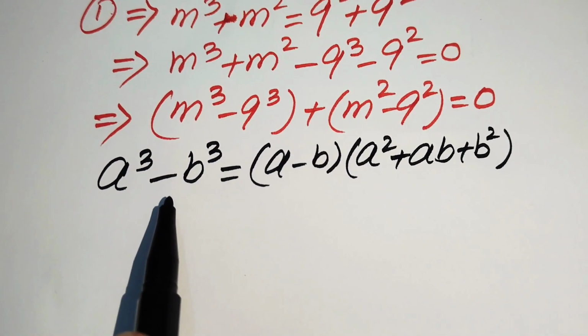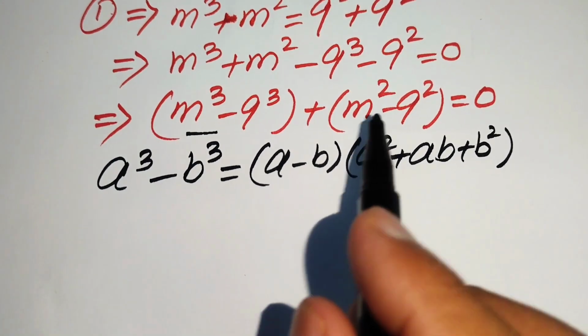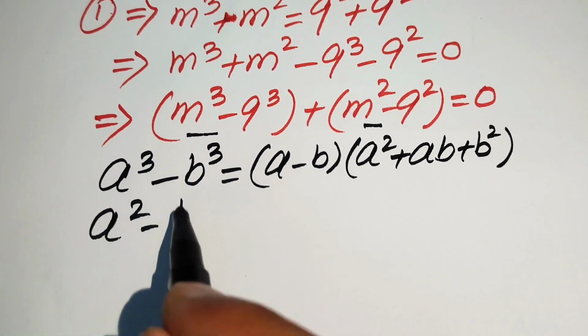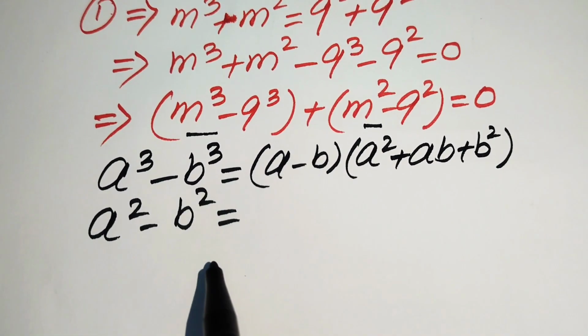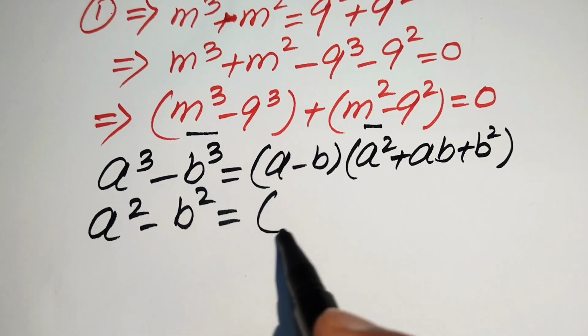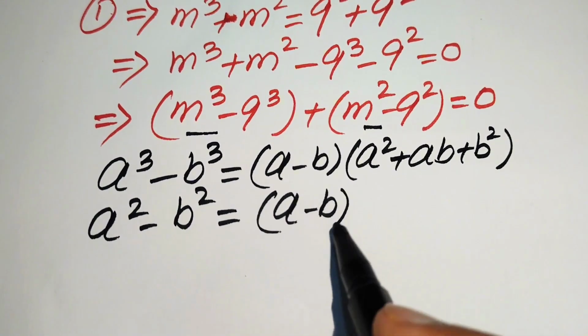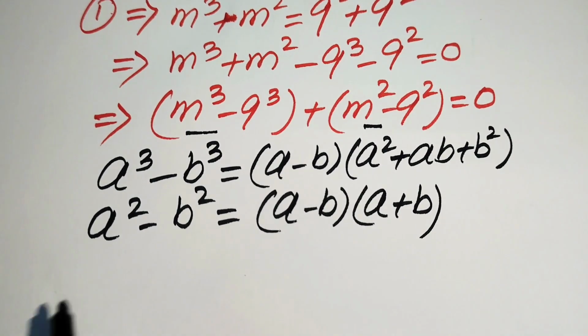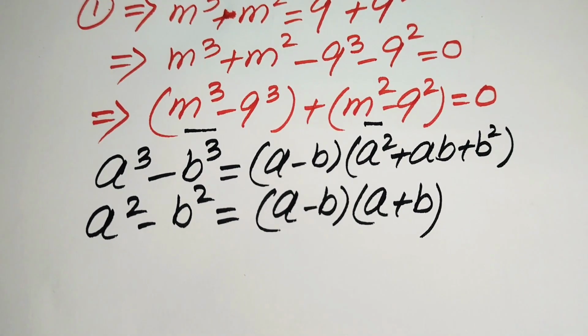So here we use this formula on the first term, and we use the second formula here, and we know that a square minus b square equals a minus b times a plus b. So here we need these two formulas to solve the above equation.